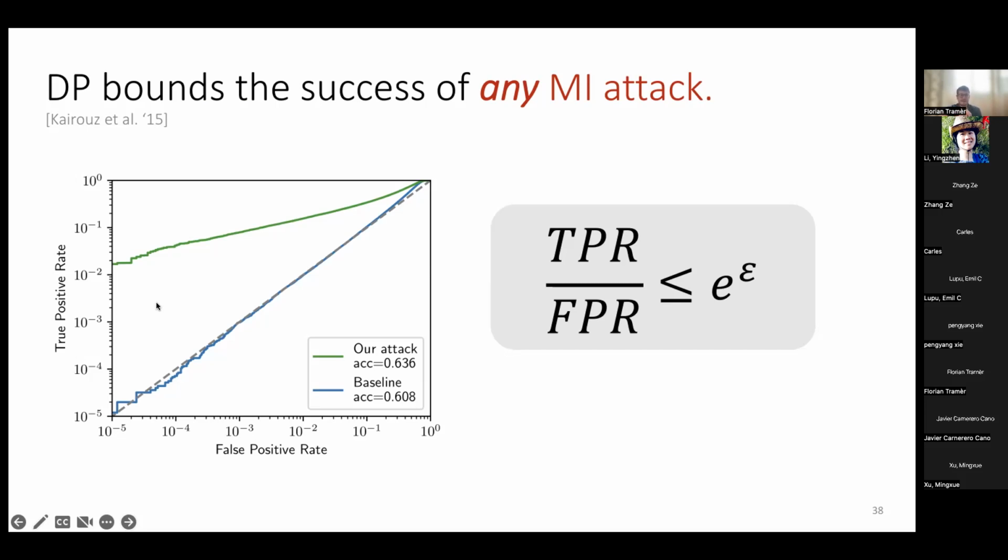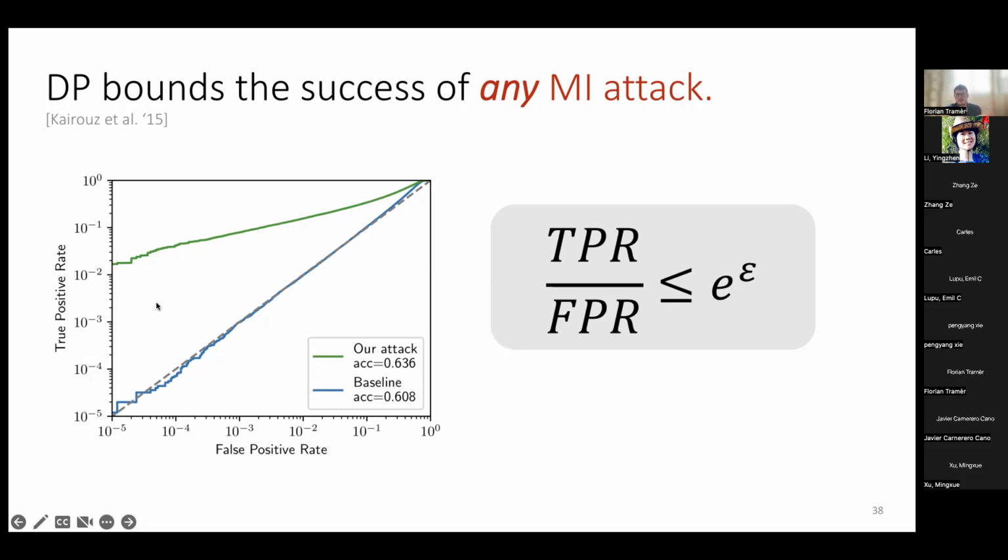And again, I think this goes to show why the way that we look at these attacks in the low false positive regime, in this kind of log scale, is really what matters. The quantity that matters here is the ratio of true positive rate to false positive rate. It's not their difference, it's the ratio.